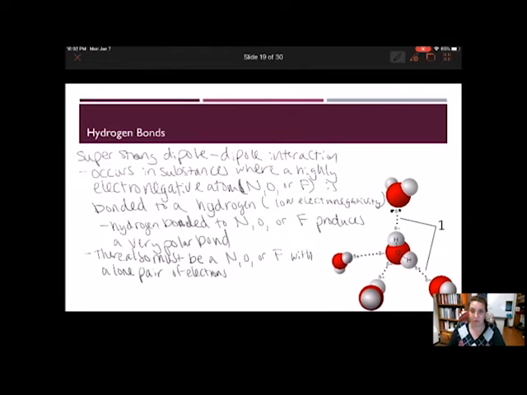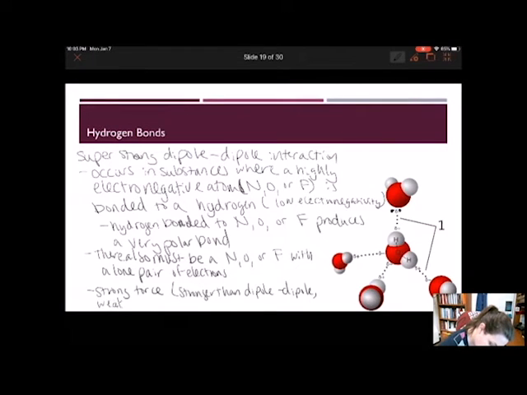So we have to have those two things. This is a strong force, not as strong as ion-dipole, but stronger than traditional dipole-dipole forces. So it kind of fits in between those two.